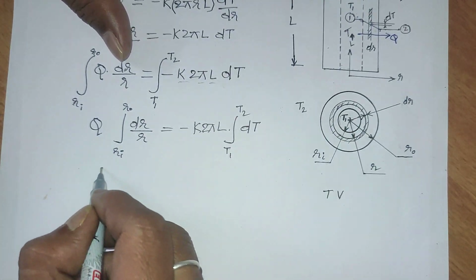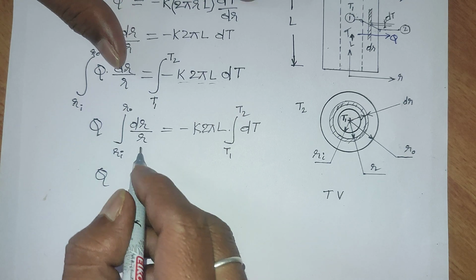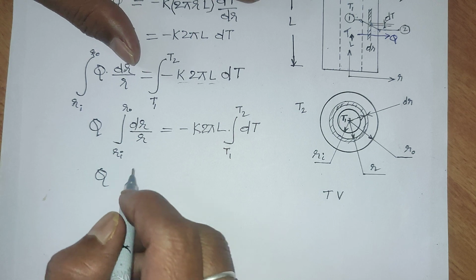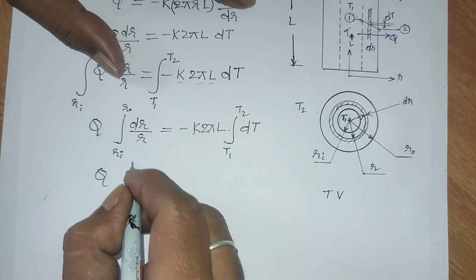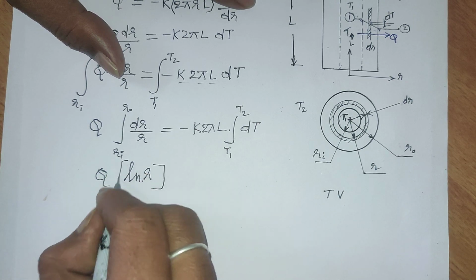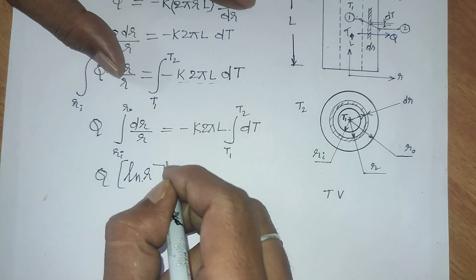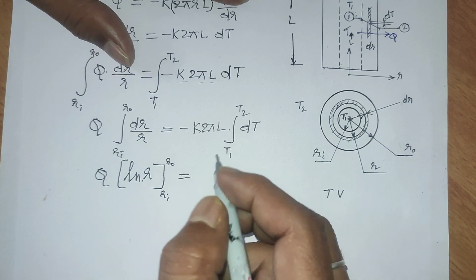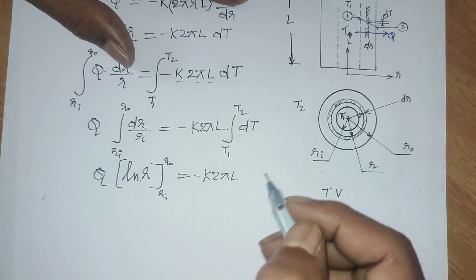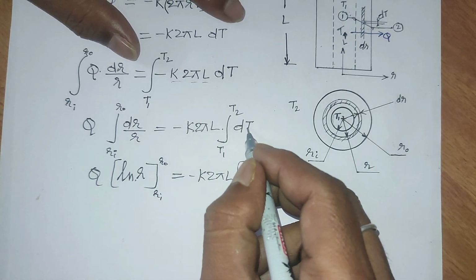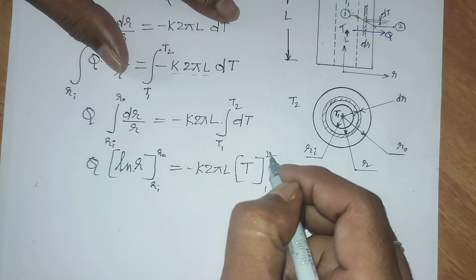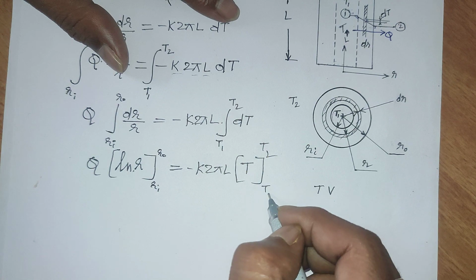Integrate this, we will get Q into, this 1 by r dr is log r base e. Log r base e you can write as ln r. Apply the limits. This is ri to r naught, equivalent to minus k 2 pi L into integral dt, which is T. Apply the limits T1 to T2.